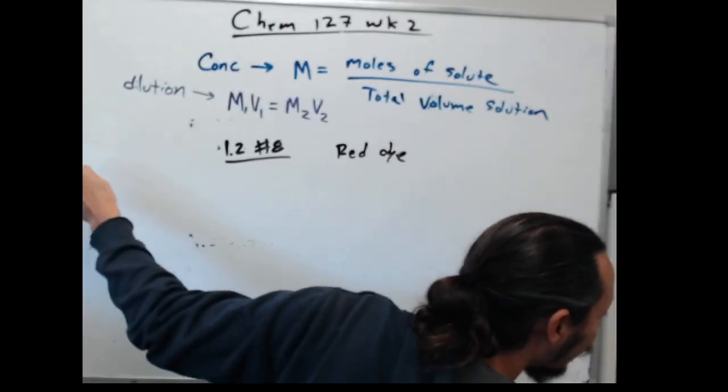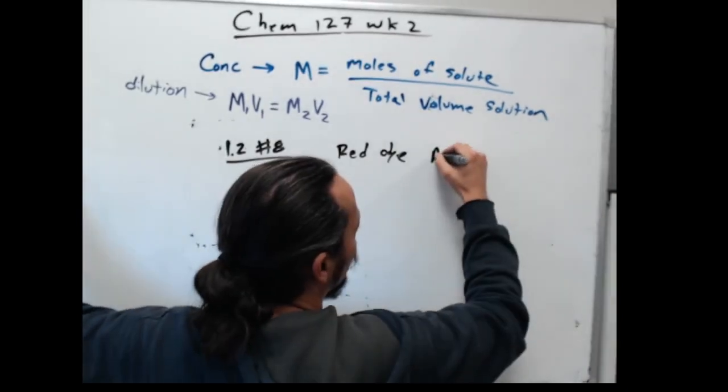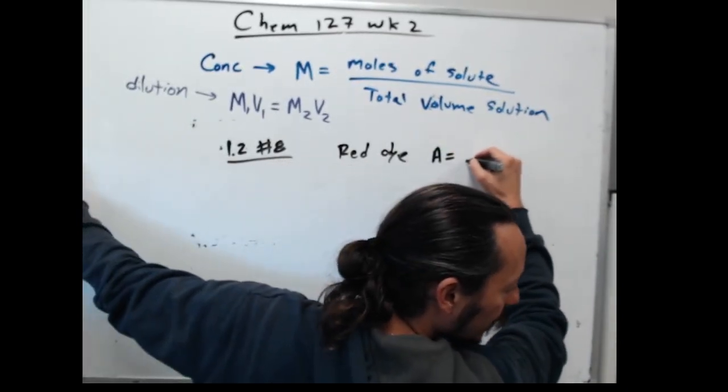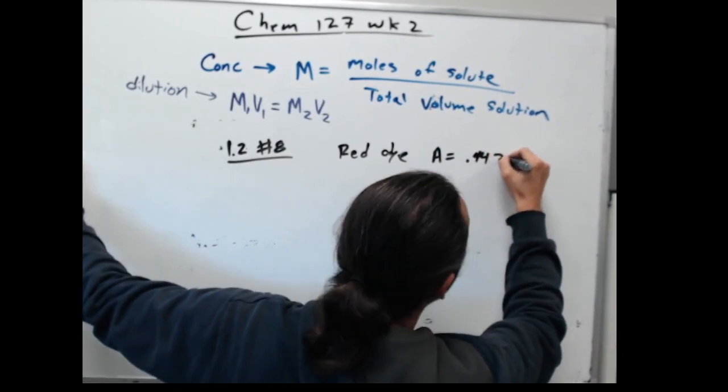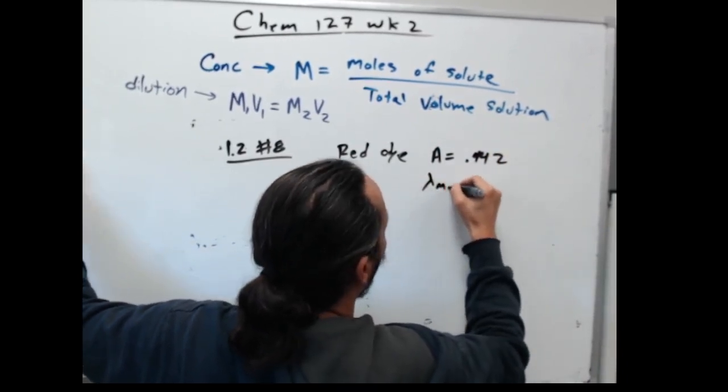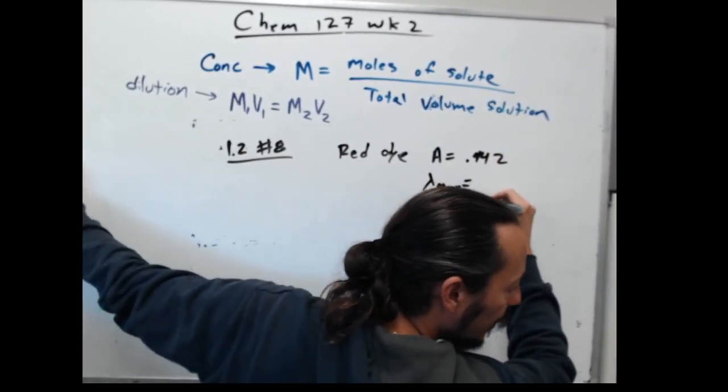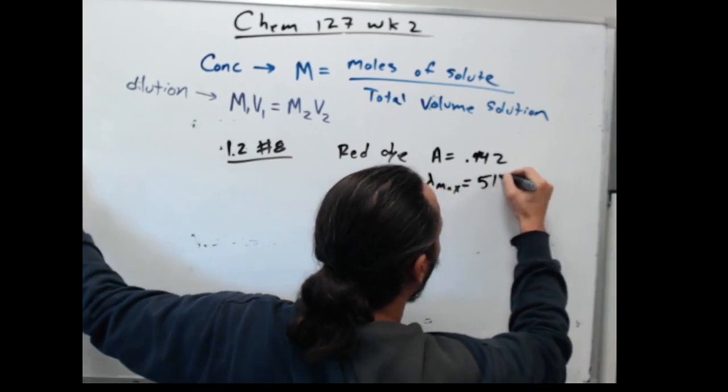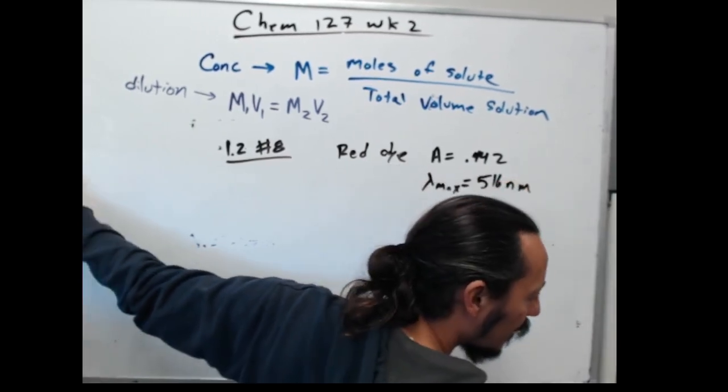Red dye has absorbance equal to 0.442 with a lambda max equal to 516 nanometers.